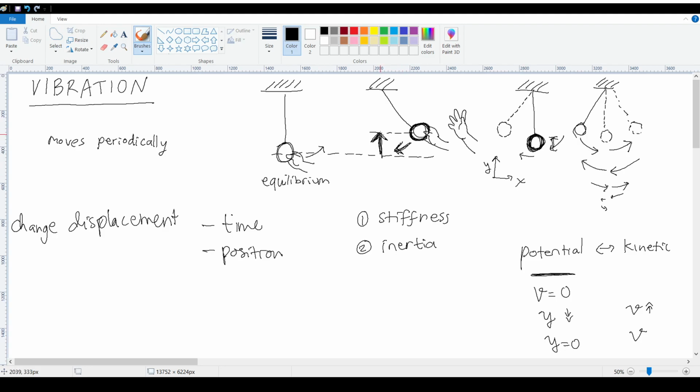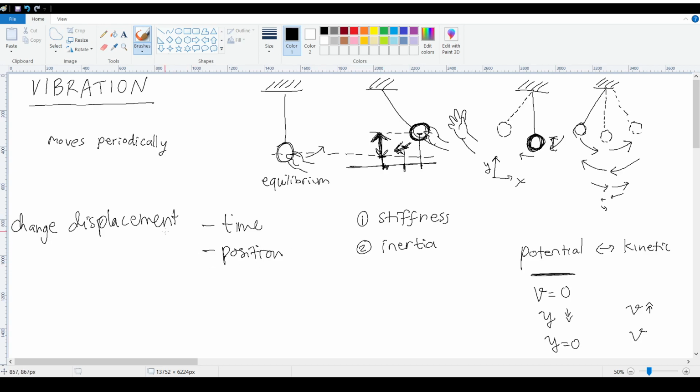This displacement changes along this x-axis. We can say that because at a certain position in x, there is a corresponding displacement. Like when x is here, the displacement y is here. When x is here, the displacement is here, and when x is here, the displacement is zero.